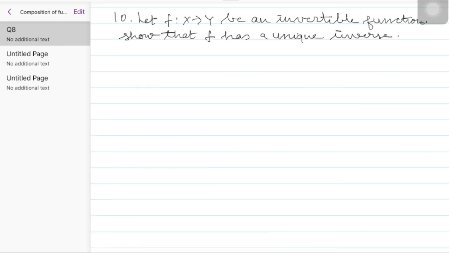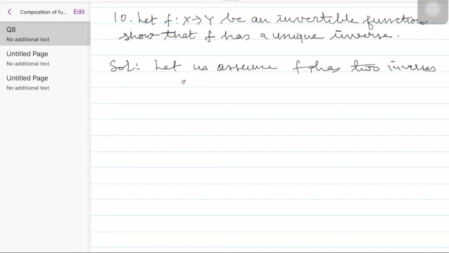Next question is, let f from X to Y be an invertible function. Show that f has a unique inverse. For this, what do we do? Let us assume f has two inverses, namely g1 and g2.